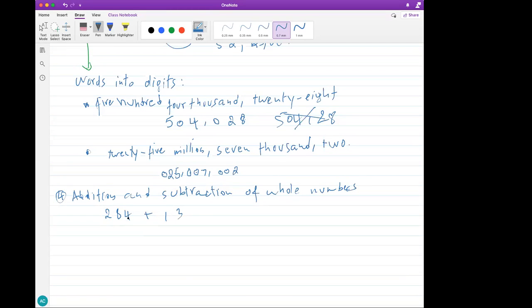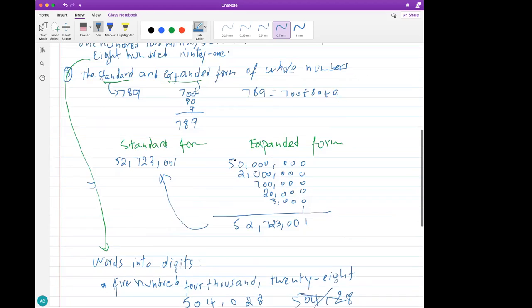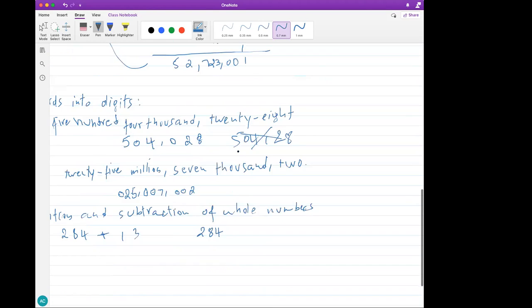So when you add 2 numbers, pretty straightforward. All you do is, so if you want to add this to this, you write the first number. Then you're going to align them. Okay, so the ones, tens, hundreds. When you write these, you're gonna align the ones and hundreds and the tens and the hundreds of the other one, just like we did earlier with the expanded form. So the placement values must be aligned.